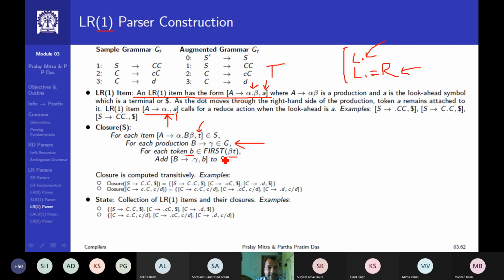Now it suggests that after B, beta is occurring.